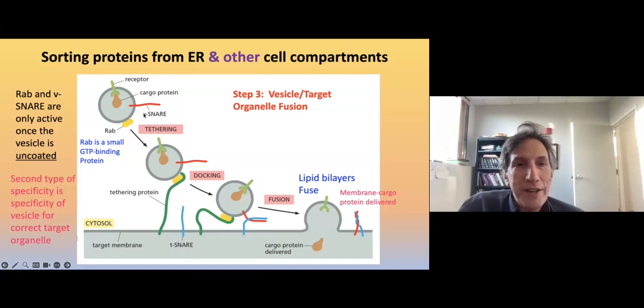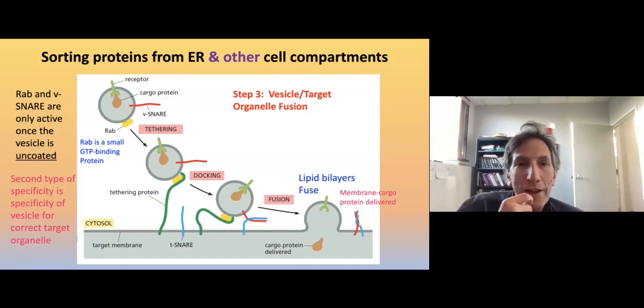The V in V snare stands for vesicle, so it's a snare protein on the vesicle, and the T in T snare, of course, stands for target. The T snare and the V snare bind strongly to one another, and this is a lot of the specificity.